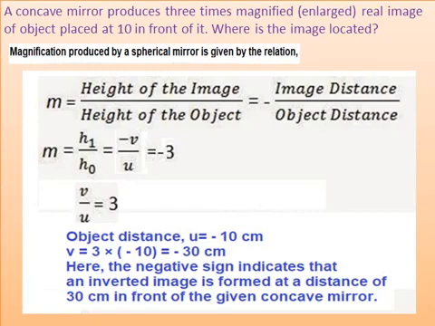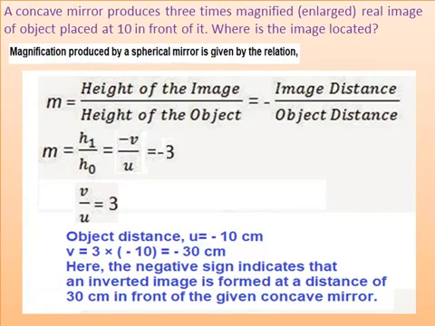Minus 3 is equal to minus V by U. Then V by U will become 3, when you remove the minus sign on both sides of the equal sign. So from this we get V is equal to 3U.